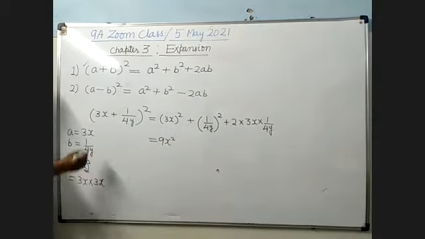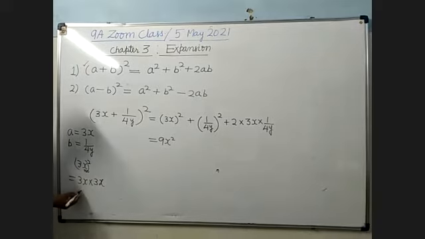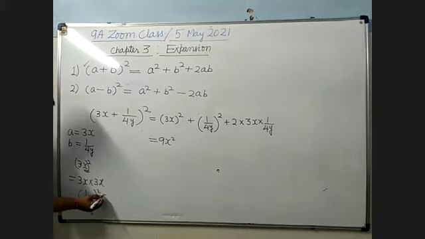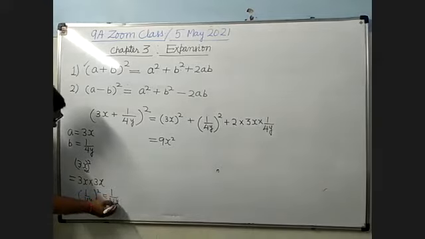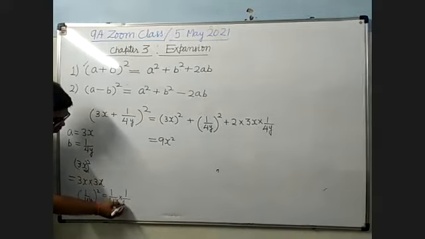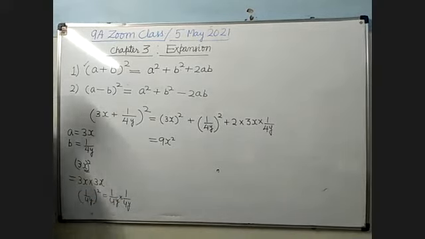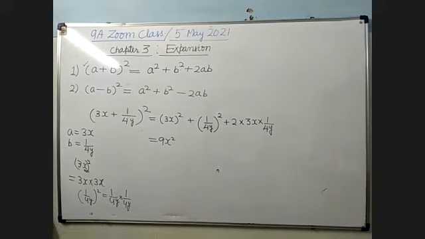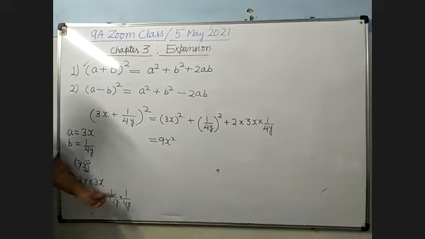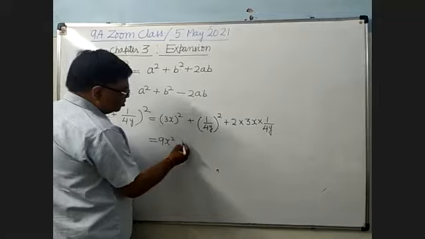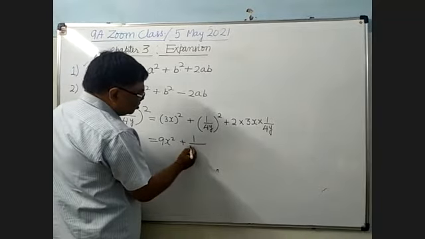Then (1 upon 4y) whole square. It means 1 upon 4y into 1 upon 4y. Square means multiply the same thing 2 times. So 1 into 1 is 1, 4 into 4 is 16, 16y square.